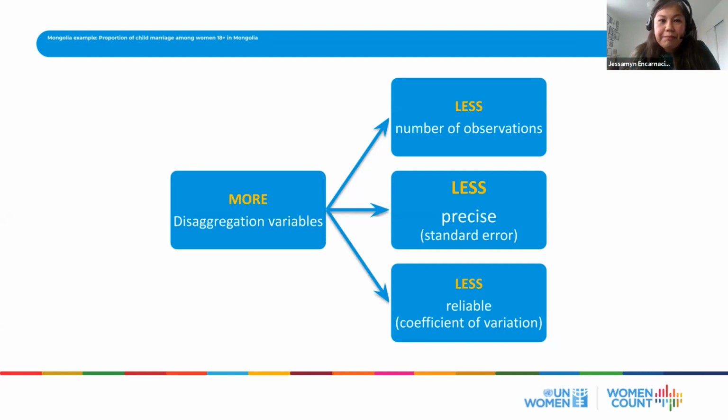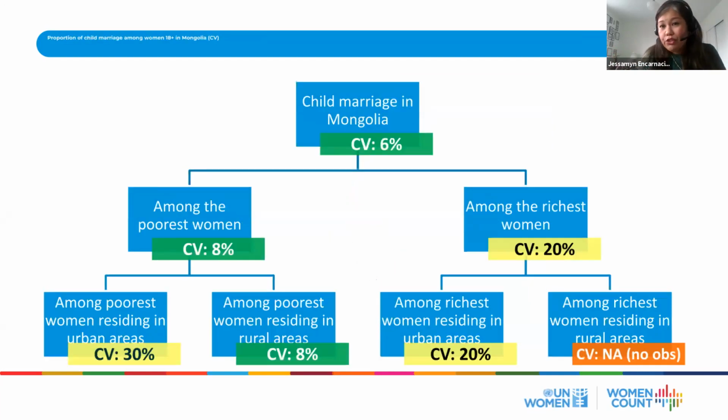Next slide, please. Just to illustrate, these are not the estimates for the proportion of child marriage among women aged 18 and over, but rather the quality and reliability of the estimates as we go further down into disaggregation.